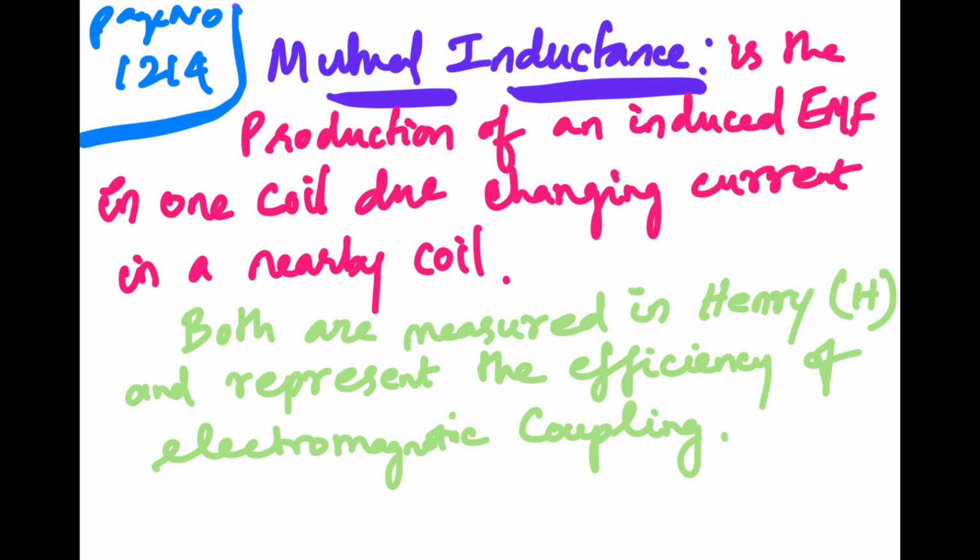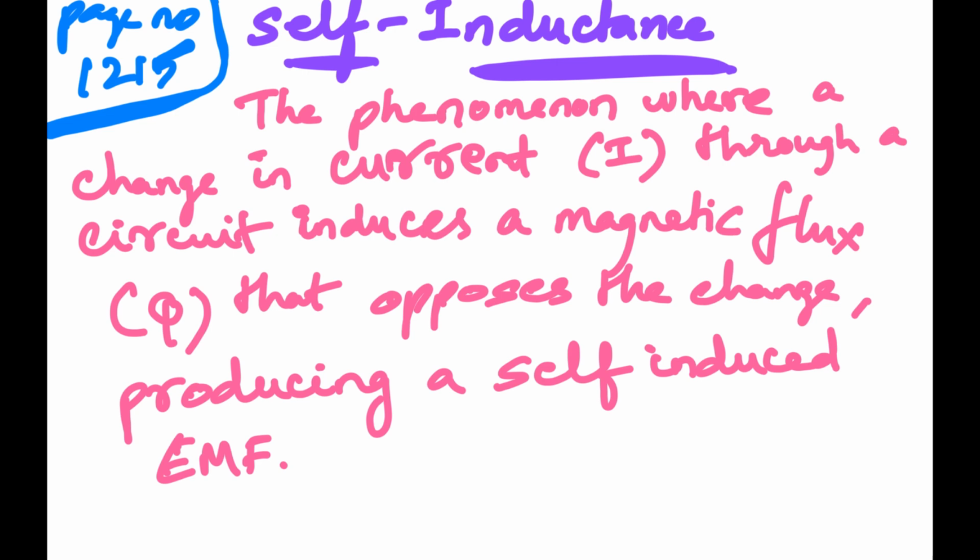Both are measured in Henry and represent the efficiency of electromagnetic coupling. Self-inductance is the phenomenon where a change in current I through a circuit induces a magnetic flux phi that opposes the change, producing a self-induced EMF.